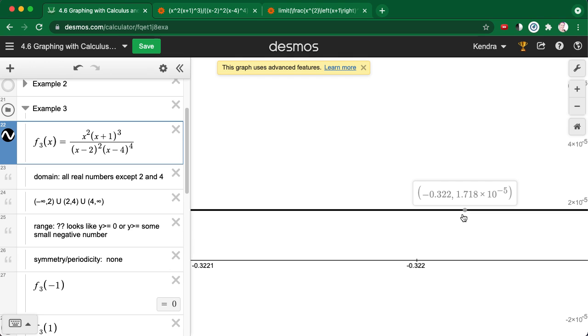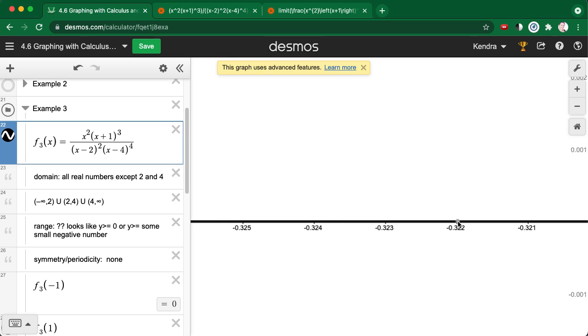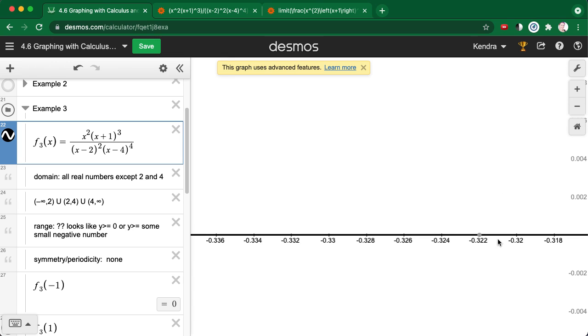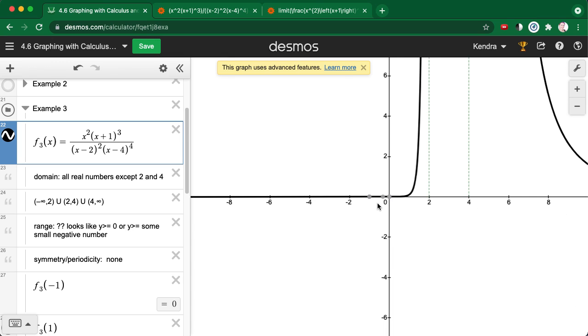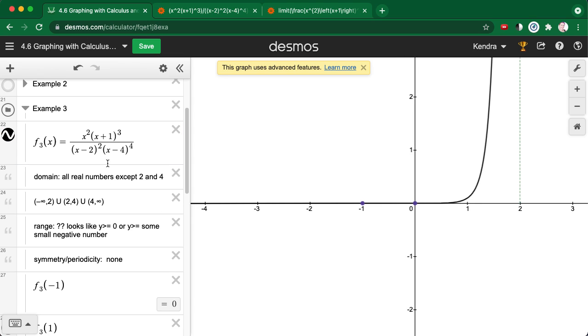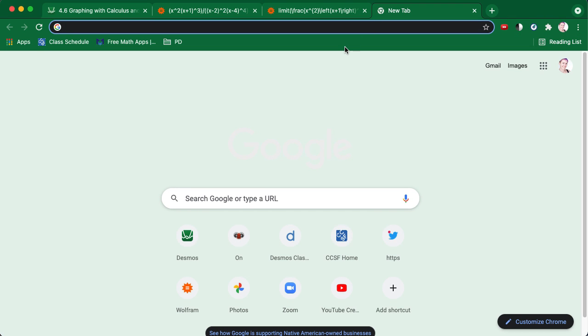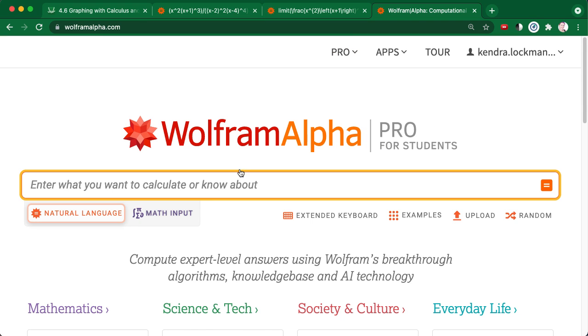And so I think let's get a good picture of this by taking a look at the derivative. Okay, and again, with this function, I see this is a rational function. I am capable of calculating that derivative by hand. I do not want to. So I'm going to go to Wolfram Alpha, and I am going to calculate the derivative.